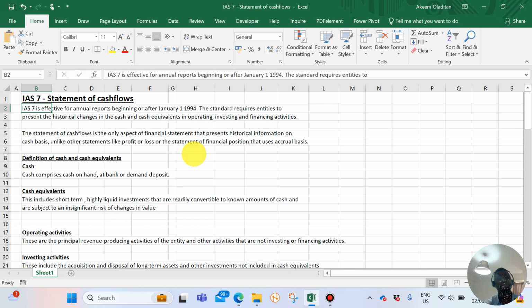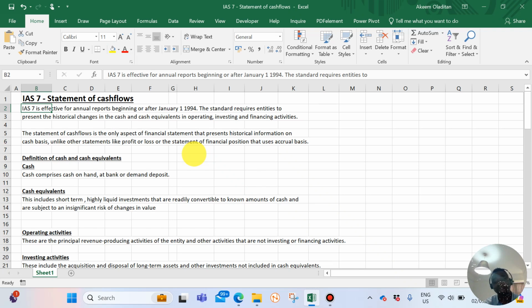And it also talks about long-term investing activities, the purchase or disposal of an asset, which are on a long-term basis.